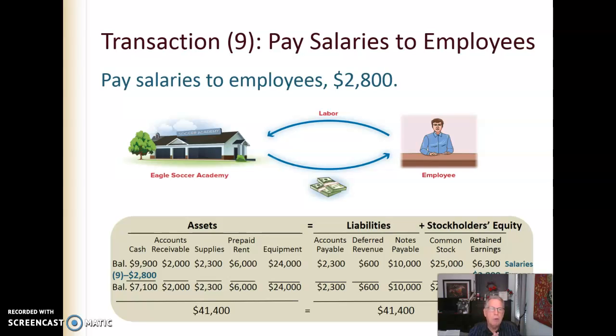But when it comes over to stockholders' equity, it's going to reduce retained earnings. I know that's a little confusing. So yes, the expense is going up, but when it is subtracted from revenues, it reduces retained earnings.